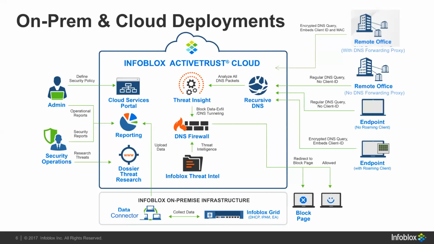They'd also have access to the operational reports, as well as the security operations SOC team analysts. They'd be able to analyze threats as they're happening in near real time, and further follow up, as we talked about earlier, with our investigation tools to get that additional metadata. So that's an overview of the different ways, both on-prem or remote office or roaming users, that customers can take advantage of the ActiveTrust Cloud deployment solutions.